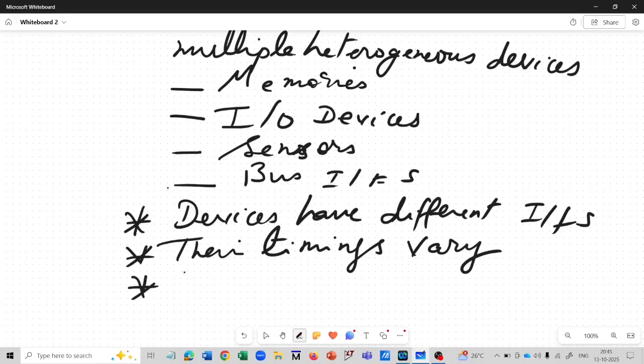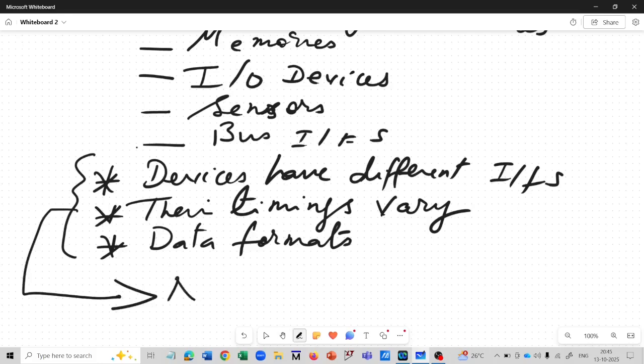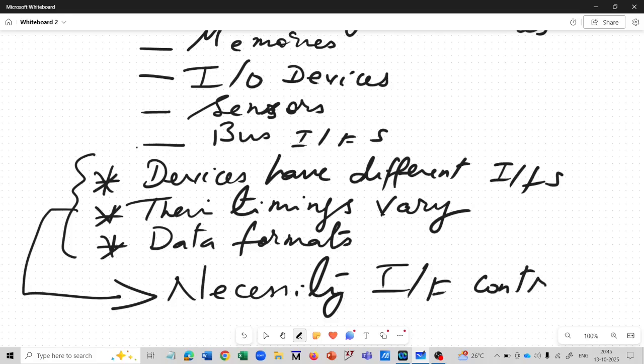For instance, you may have a device communicating using a serial communication protocol, or a device with a totally different data format than the processor. So all these factors build a case for dedicated interface controllers.